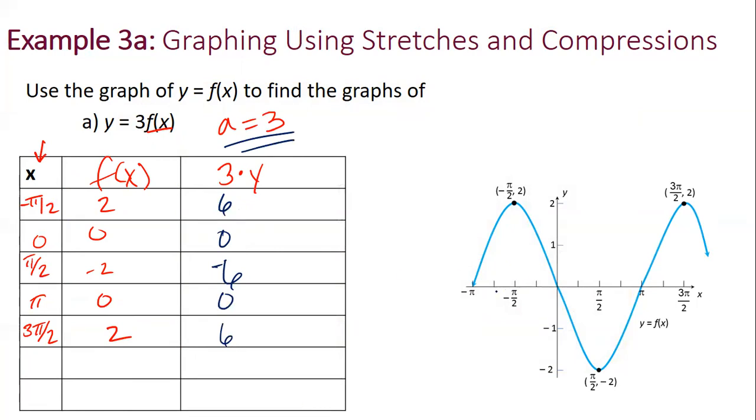So when I come over here to graph this, this one's still 0. At negative pi over 2, I'm now at 6, which would be all the way off the charts, somewhere up there. At 0, 0, I'm still here. At pi over 2, all the way down the chart. At pi, 0, still there.